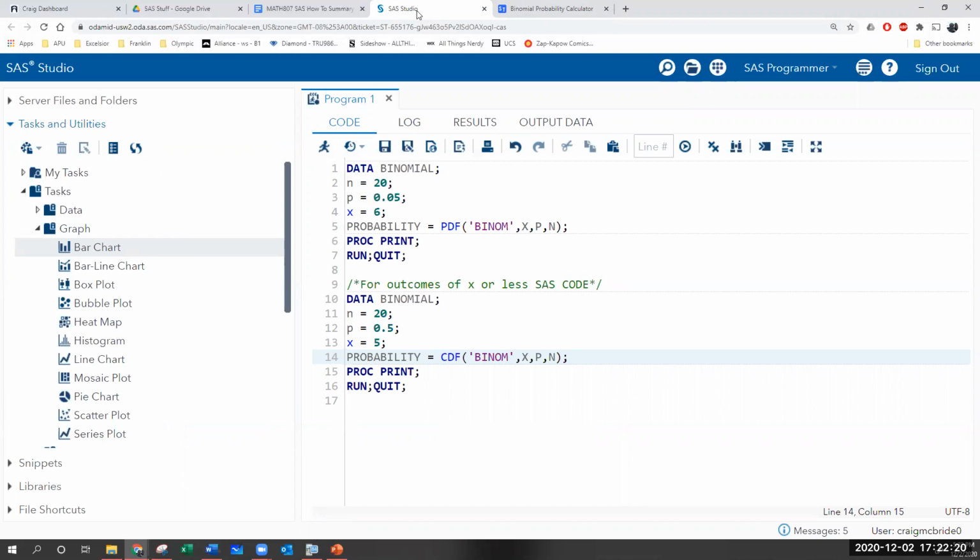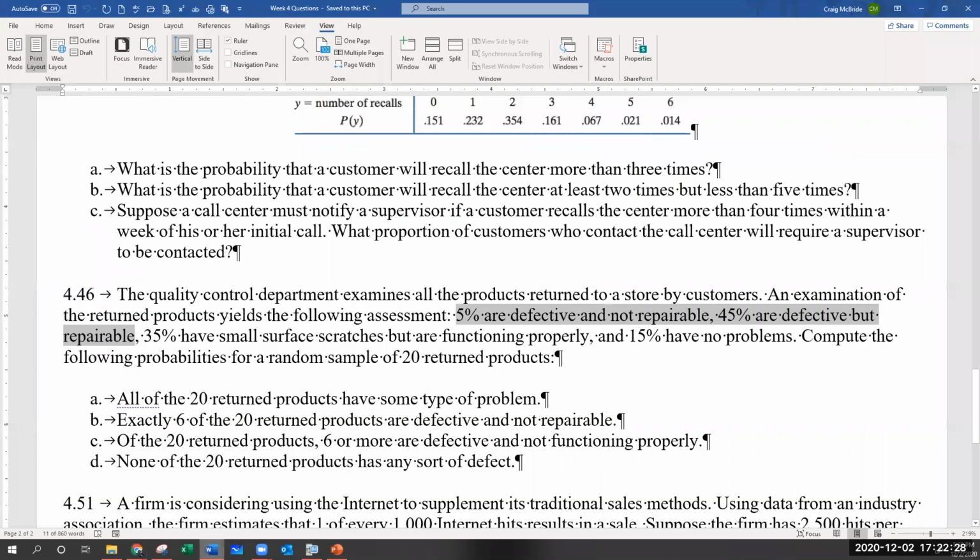All right, what else? Okay, what about D? 4.46D. Here it says none of the 20 return products has any sort of defect. So we're looking for none of them has any sort of defect. Okay, so what's the probability of not having any sort of defect?